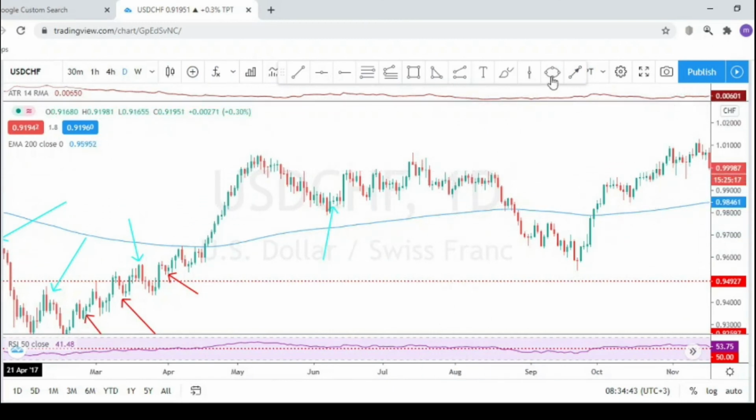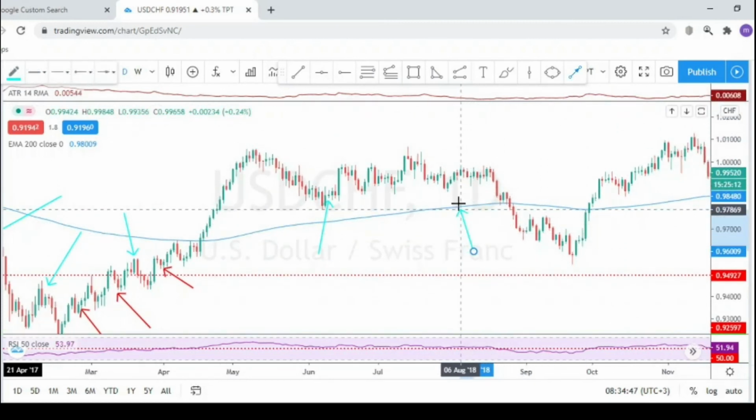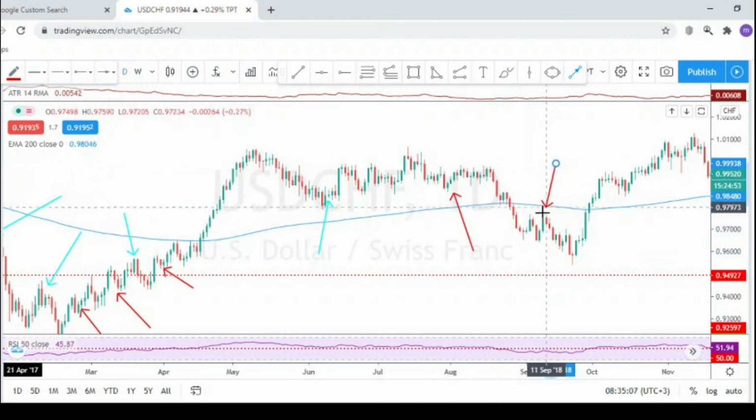I would call this a loss. This would be a loss. And now trending below 200 EMA, I'm looking for the downtrend opportunities. This market made a pullback that does not touch this moving average, made this double top and continue to the downside. This would be a win.